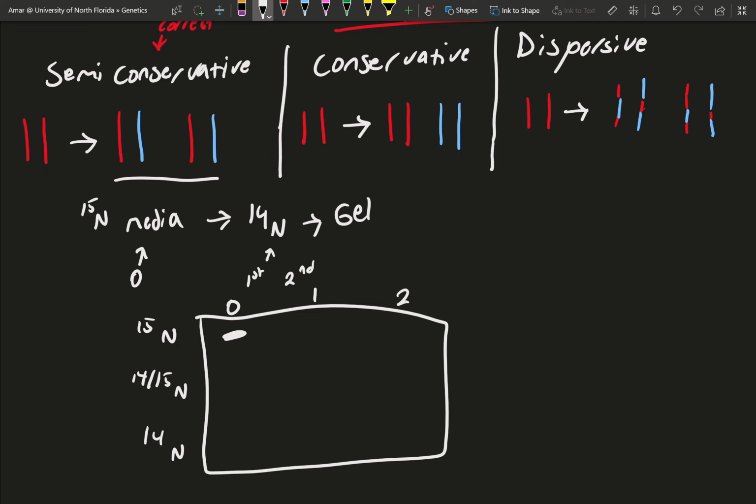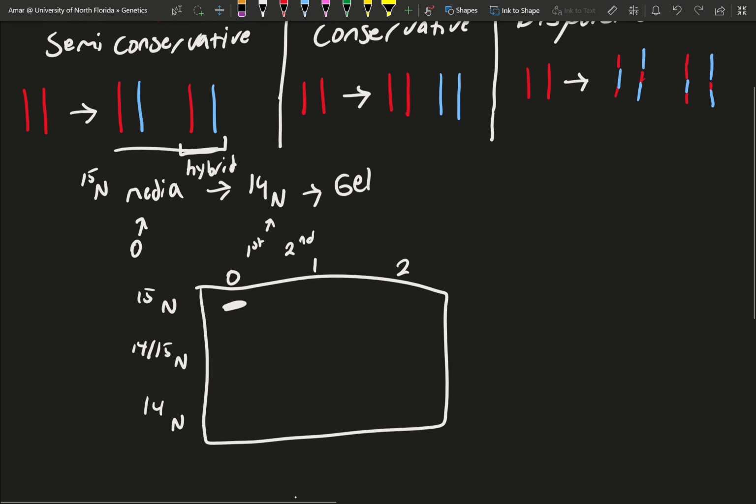Each of these two will be considered a hybrid in terms of weight. So you would end up with a band located at the hybrid spot on your gel.